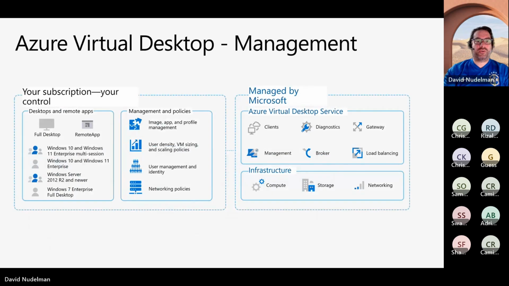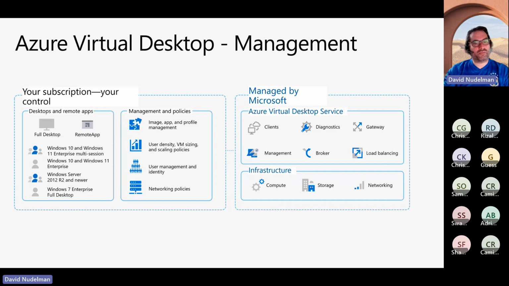What's under your control is the actual full desktops and the applications. You can choose which OS to use, so Windows 10 or 11, multi-session, servers. There was Windows 7 Enterprise full desktop as an option.